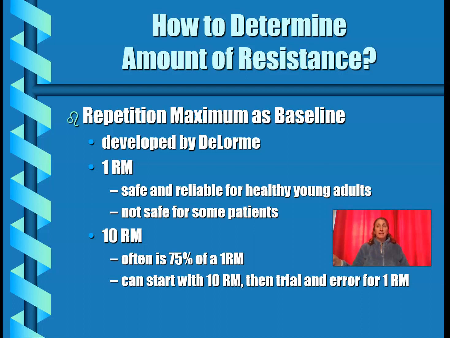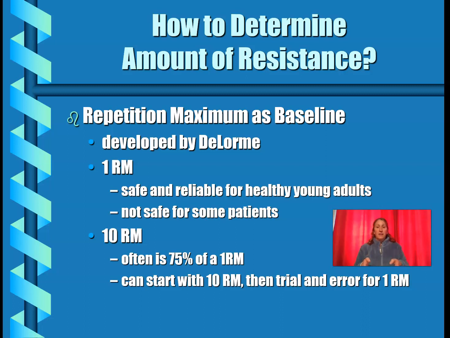So the rep max is, we're either going to have the 1 or the 10. And the 1 is how much that the individual can lift only 1 repetition. And then the 10 is the maximum amount of weight that the individual could lift for 10 reps.